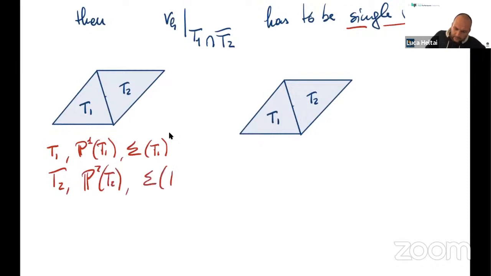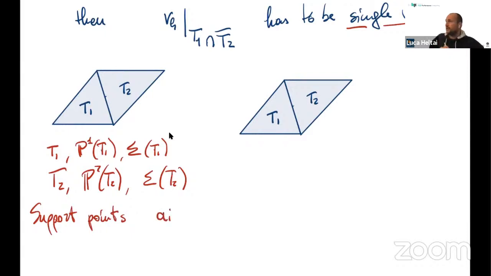I'll show you two possible choices of support points, which we will call AI.